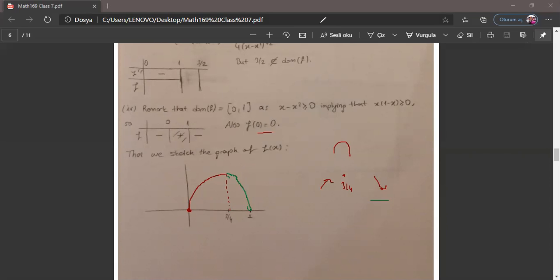Let me sketch it again. So here we have this. Suppose it's a curve. Okay, it's downward and decreasing. Between this and except that interval, it's increasing and downward. So this is the sketch, and this is the graph of the function.